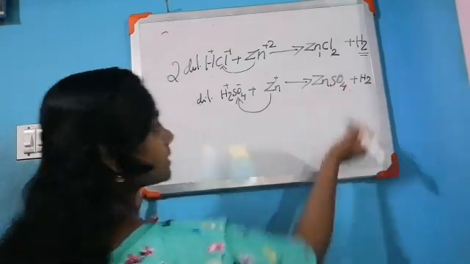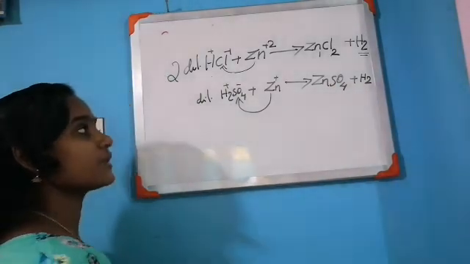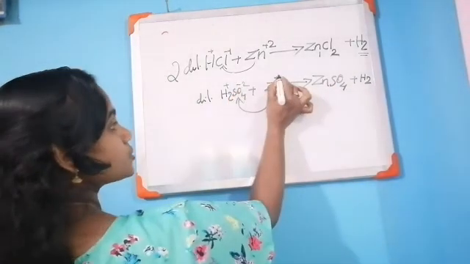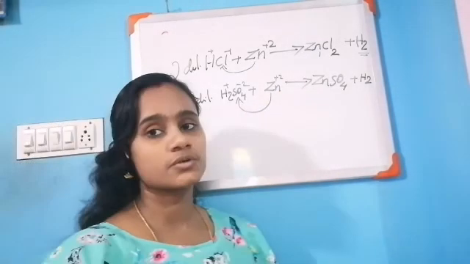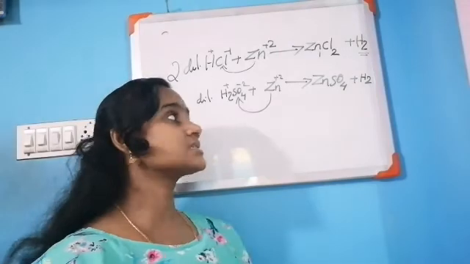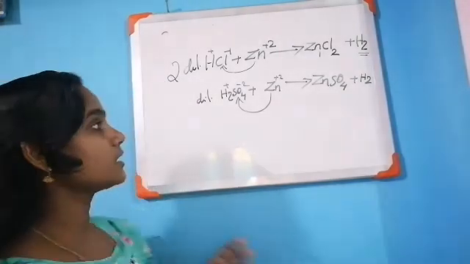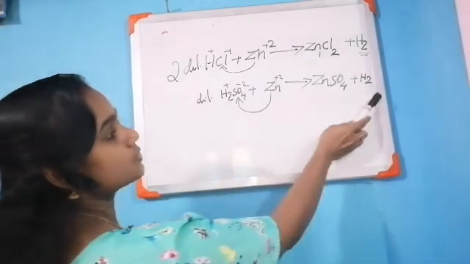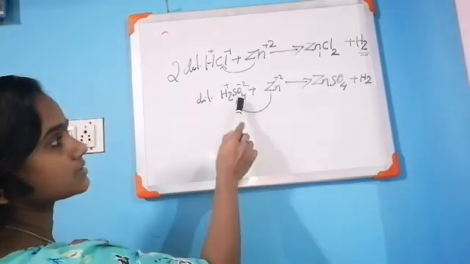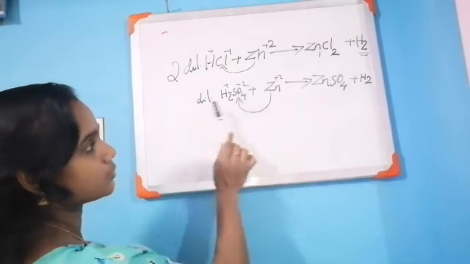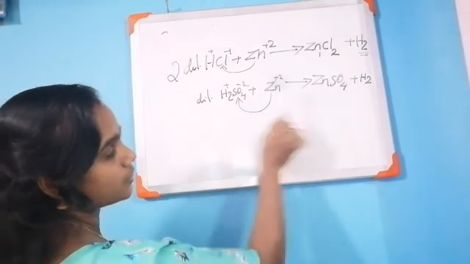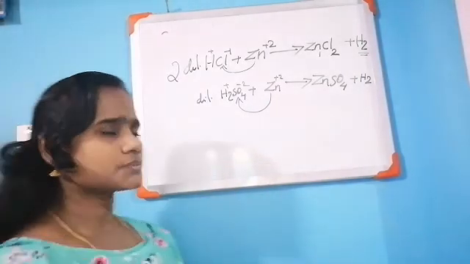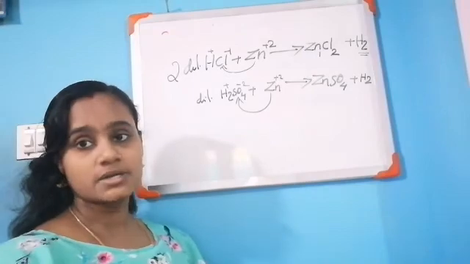Zinc valency 2, sulfate valency 2, so the formula of zinc sulfate is ZnSO4. On both sides hydrogen 2, sulfur 1, oxygen 4, zinc 1. So this equation is balanced, dear children.